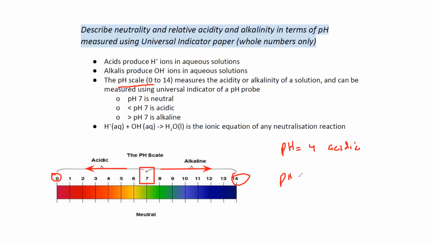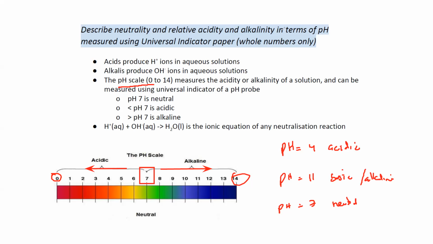If we have pH 11, it will be basic or alkaline. And if we have pH 7, it means the substance is neutral. So this is another way to identify the nature of the solution, by measuring the pH.